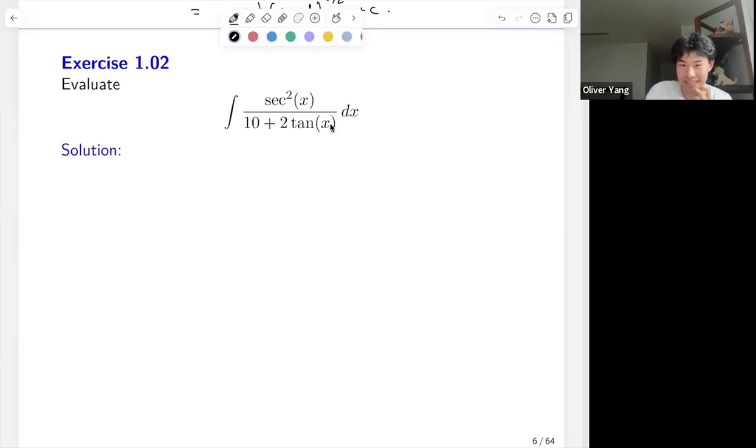denominator be u, because we can recognize that if we differentiate tan x, the derivative of tan x is sec squared x. So it's something similar to our numerator here. So we're just going to let u equal 10 plus 2 tan x. Then du, the derivative, is going to be 2 sec squared x dx.